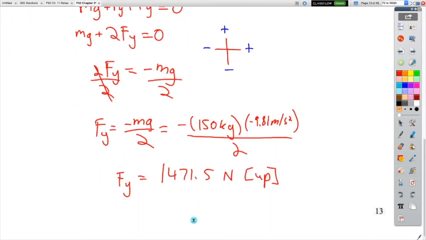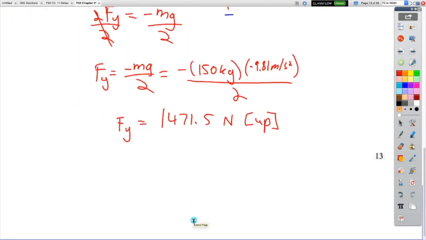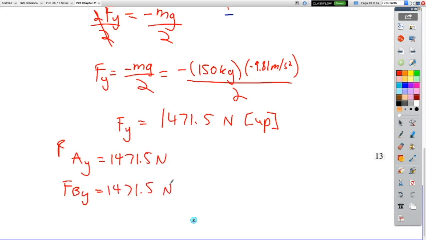So Fa is supporting that much and Fb is supporting that much in the y-axis. So Fay equals 1,471.5 newtons, and Fby equals 1,471.5 newtons, both up.